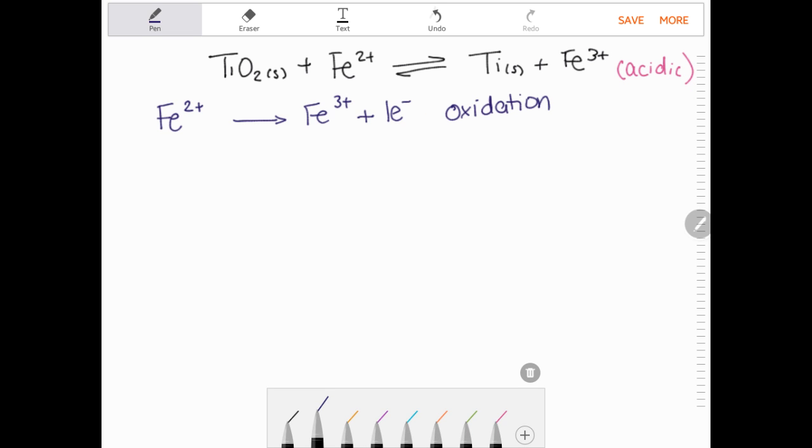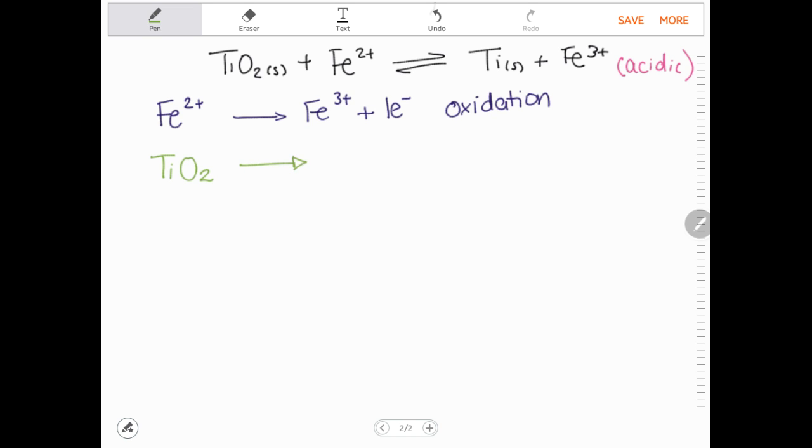Now, for my other entities present, let's go with this one, I have titanium oxide, and it forms a solid. So this is the step where I might need to add some more things in.